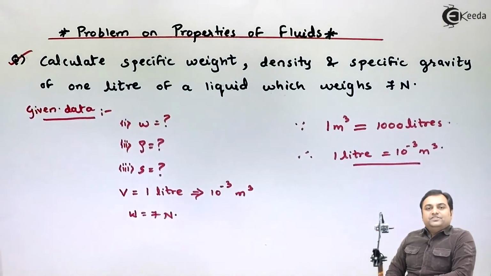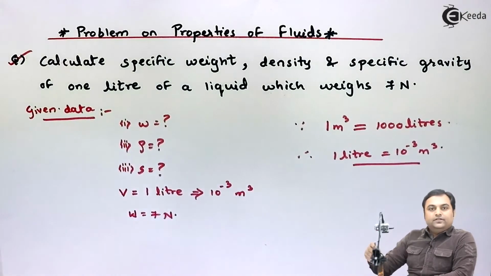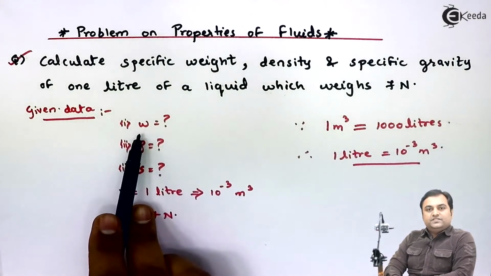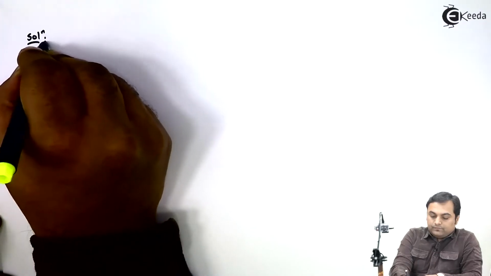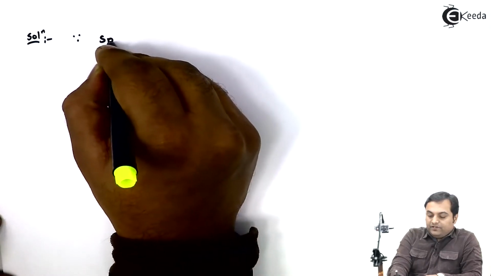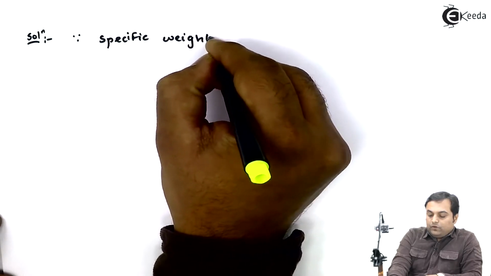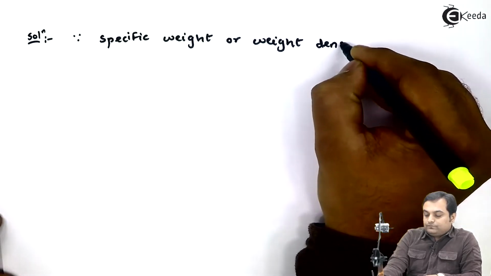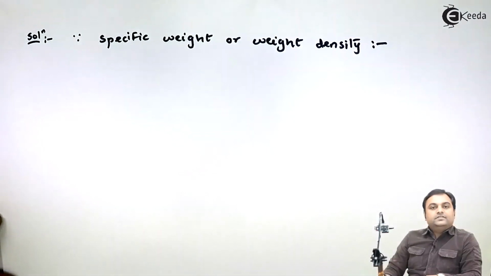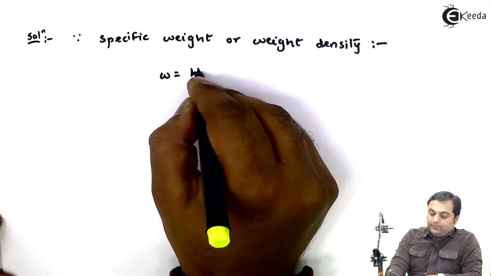Now let us try to get the solution for this problem. Since the first question is specific weight or weight density, I'll start from here. Specific weight or weight density is given by w is equal to weight upon volume.